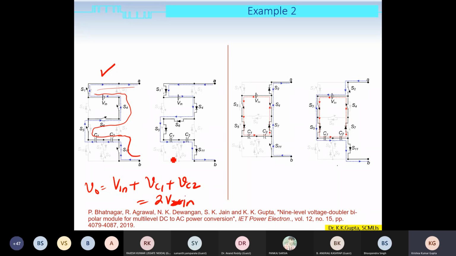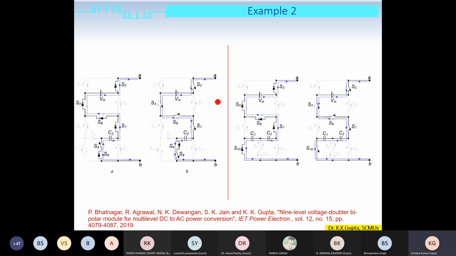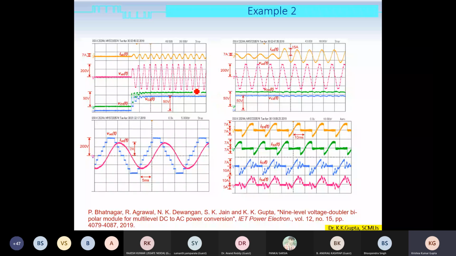Right. So here again we are able to achieve a voltage gain of 2, and at the same time a large number of voltage levels, because here 0.5 V in is also coming into the picture. These are for the negative states.